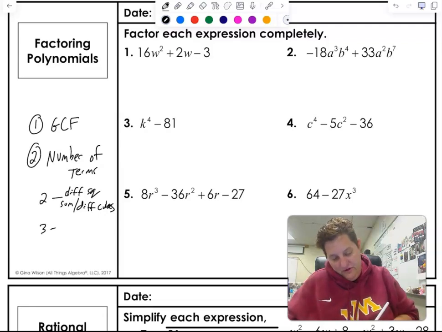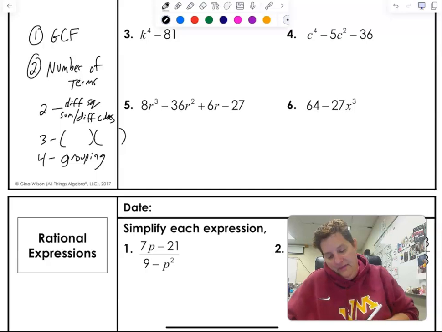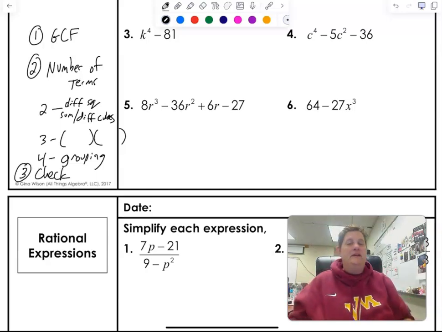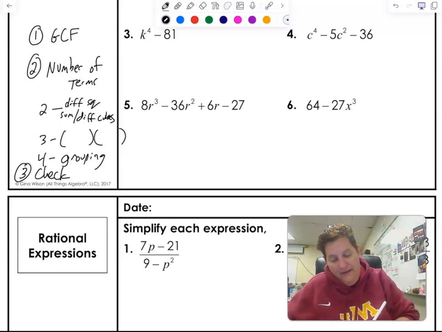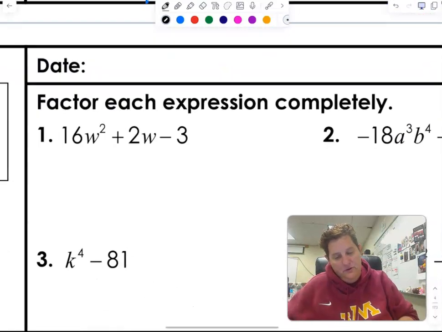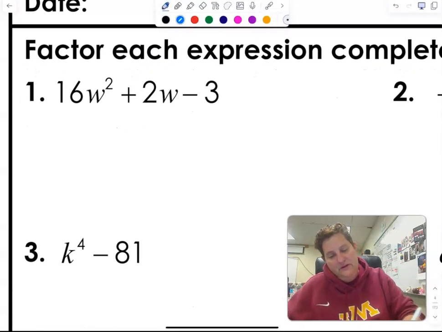If it has 3 terms, it's trinomial factoring, which is that stuff. And then if it has 4 terms, it's grouping. And then the last step is to check to see if it can factor more. And you guys, usually the factor more is another difference of squares. Okay?